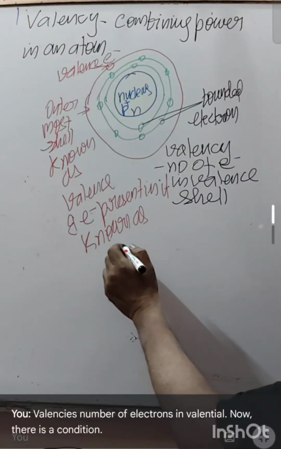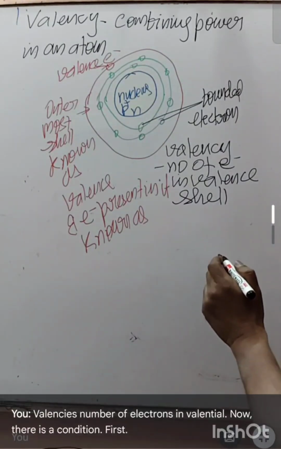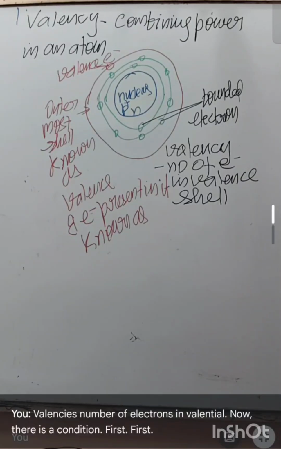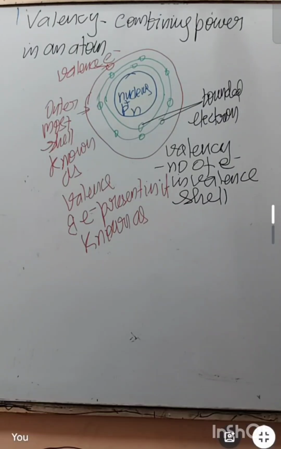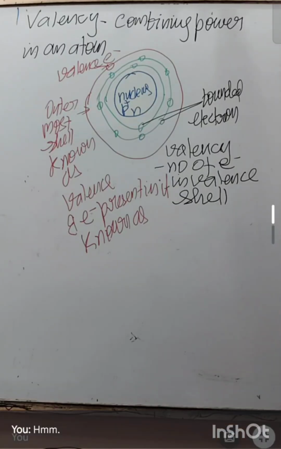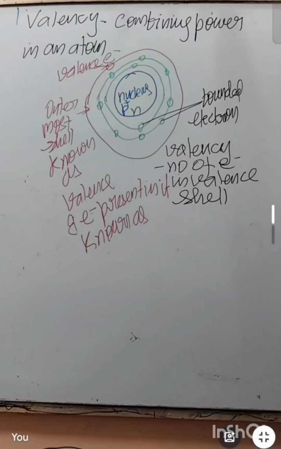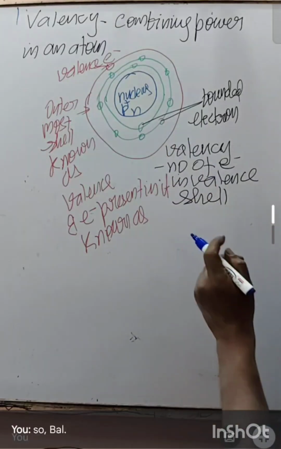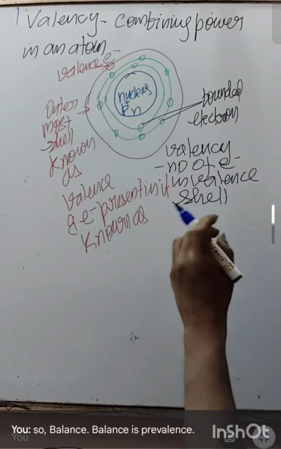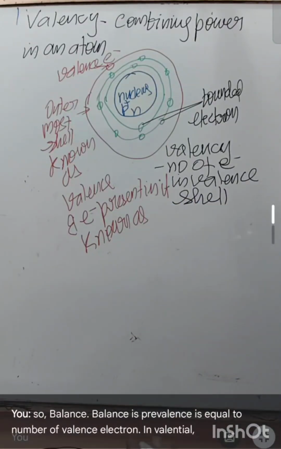Now there is a condition. Valency is equal to the number of valence electrons in the valence shell.